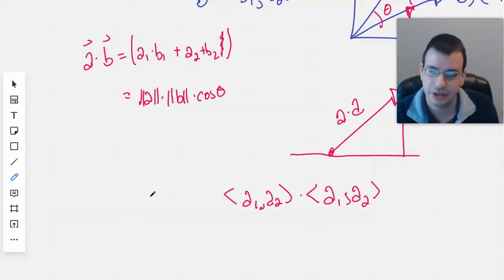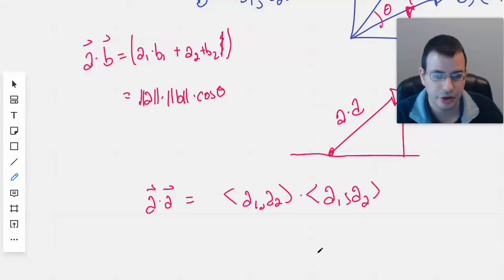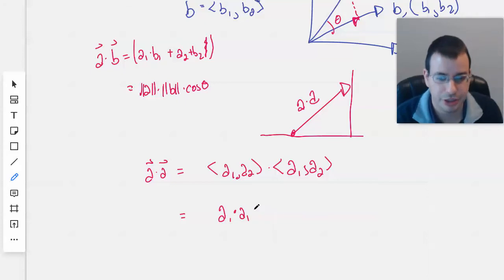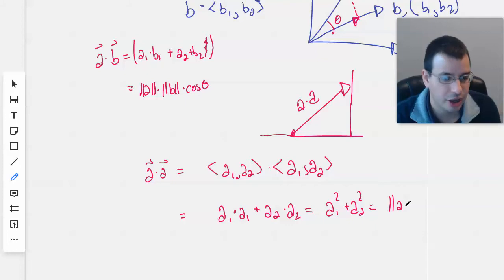And this is A dot A equals, my A's kind of look like 2's, sorry about that, A1 times A1, they're not vectors, so it's just multiplication, plus A2 times A2, which gives us A1 squared plus A2 squared, and that equals the magnitude of A squared.